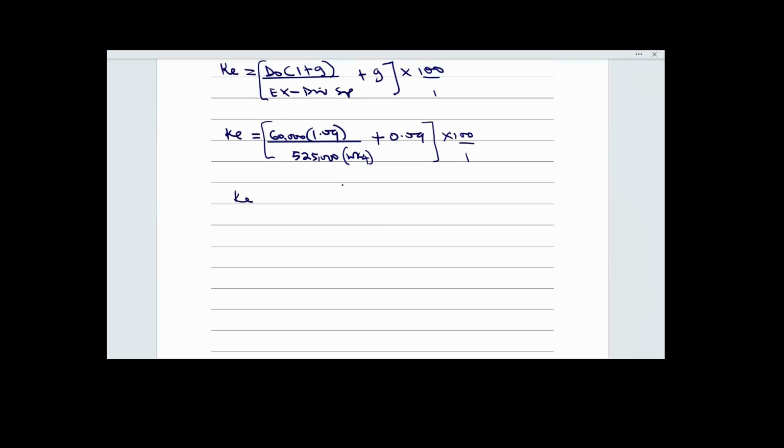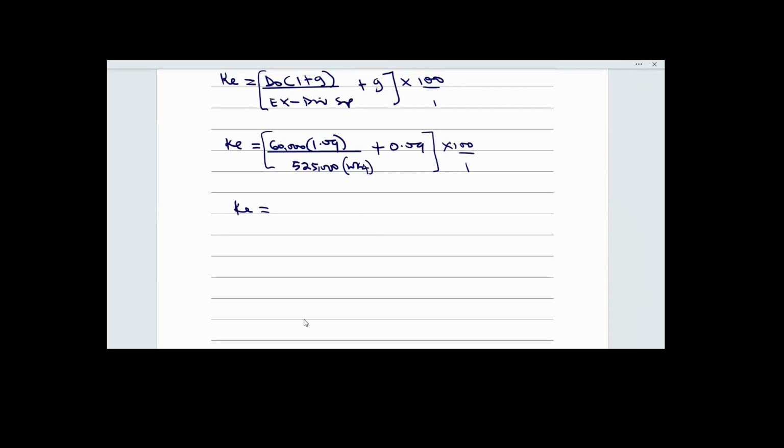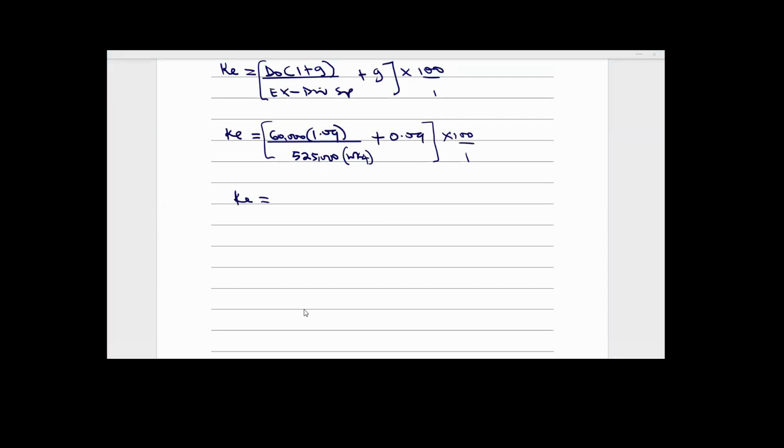So cost of equity equal to, then I will carry my calculator. Yeah, 60,000 multiplied by 1.09, divided by 525,000, plus 0.09, multiplied by 100%.